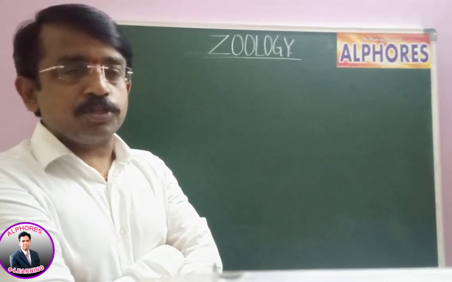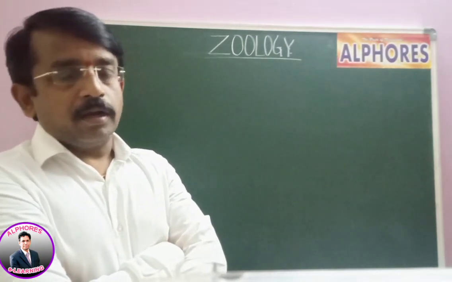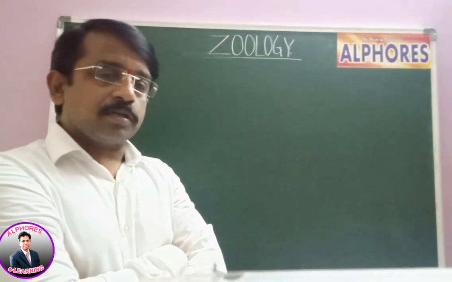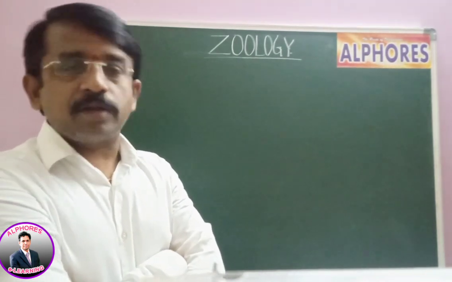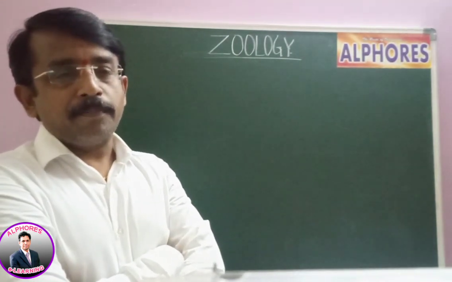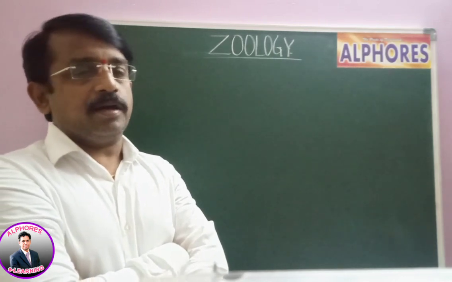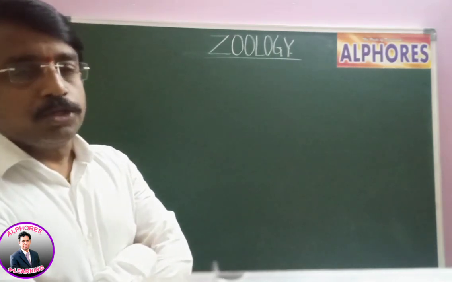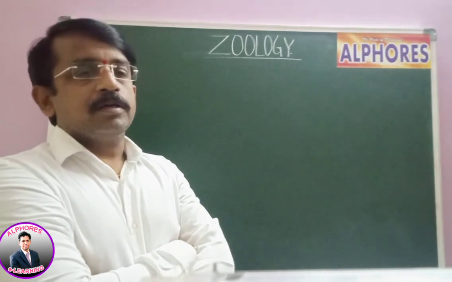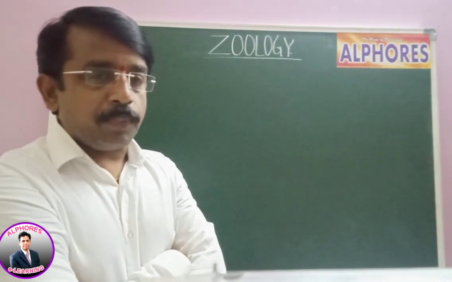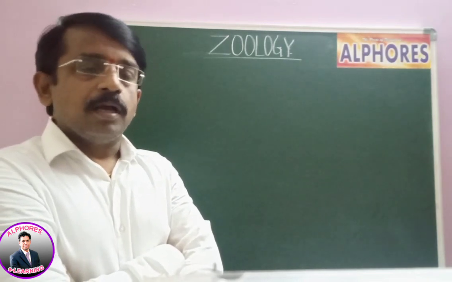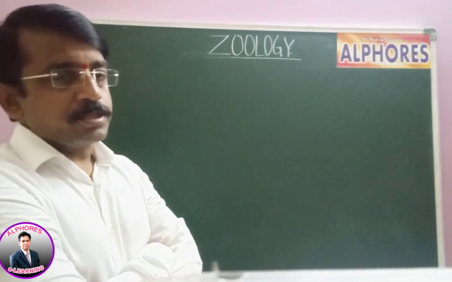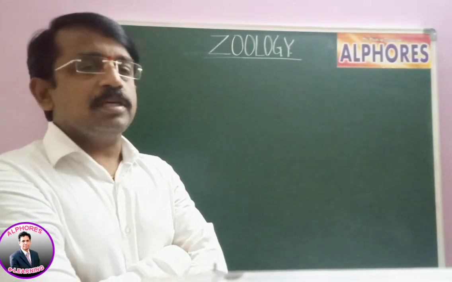The pancreas is a mixed gland of both duct and ductless, that is, it is both exocrine and endocrine. It is located at the loop of the duodenum, and the endocrine part is the islets of Langerhans, present in between the acini.